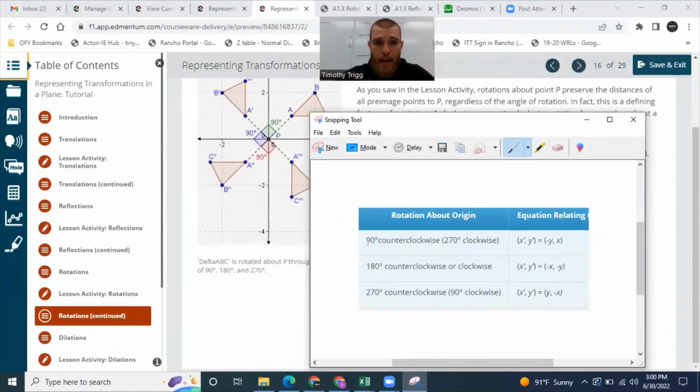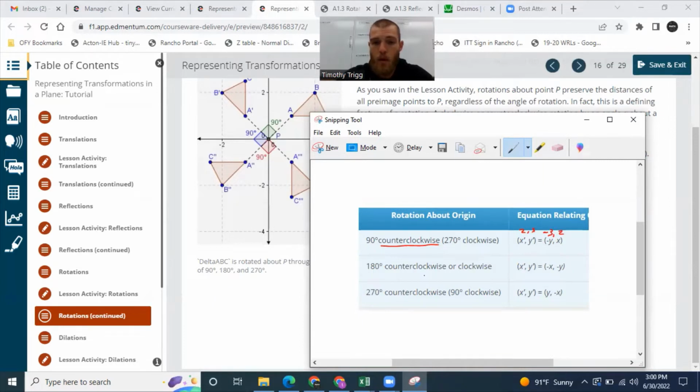Basically, when you rotate 90 degrees counterclockwise, which is the typical way that we rotate, the X and Y coordinates switch positions and the Y turns the opposite sign. That's a little bit tricky, but let's say it was (2, 3), then it would change to (-3, 2).